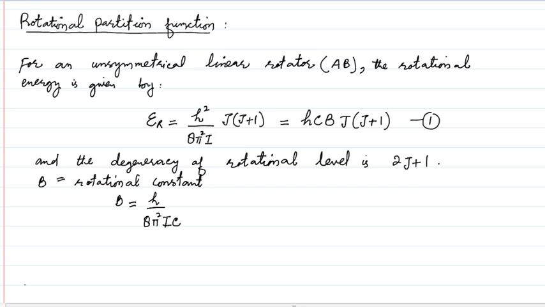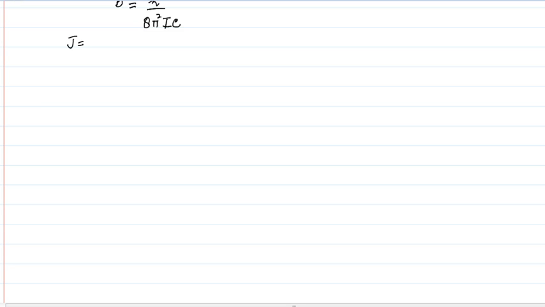And j we know is simply the rotational quantum number, and it has values from 0, 1, 2 and so on.